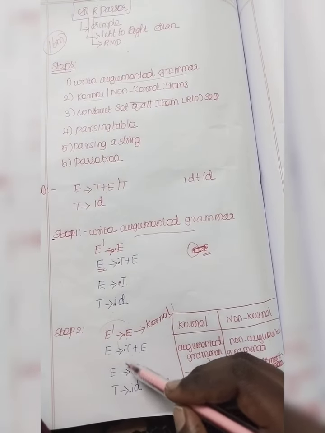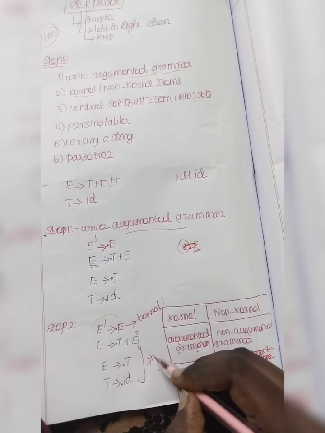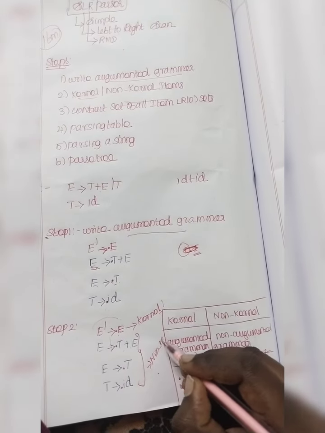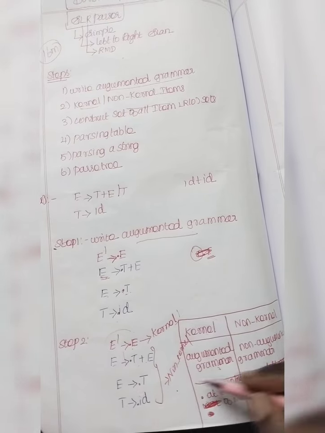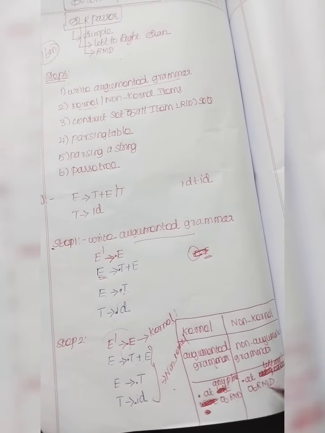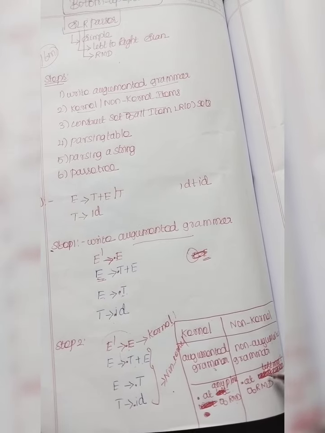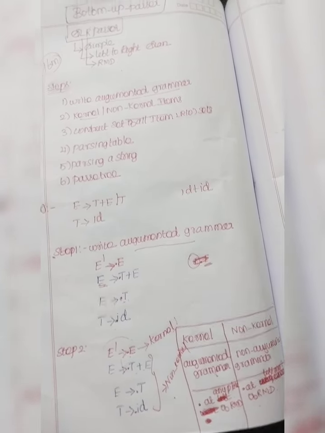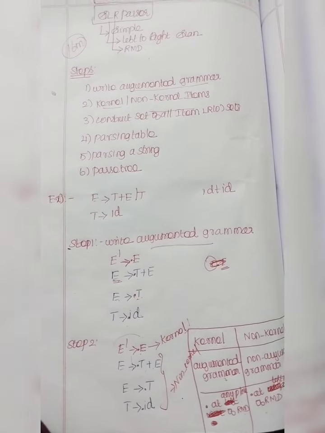So kernel items are the augmented grammar and those with the dot at any place of the RMD, not the leftmost. Non-kernel items are non-augmented grammar with the dot at the leftmost of the right-hand side. So these are kernel and non-kernel items.